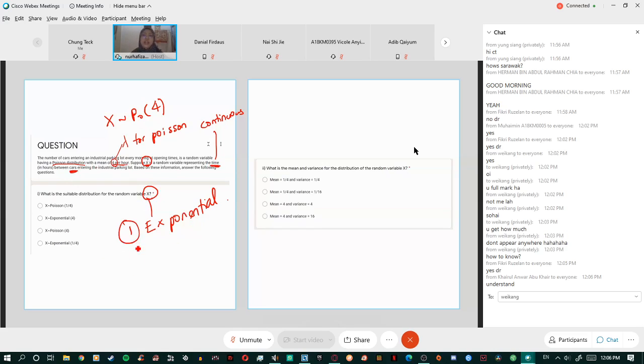Another thing is, most of you were confused whether the lambda for exponential is 1/4 or 4. This one is very important. The lambda for Poisson is the same as the lambda for exponential.